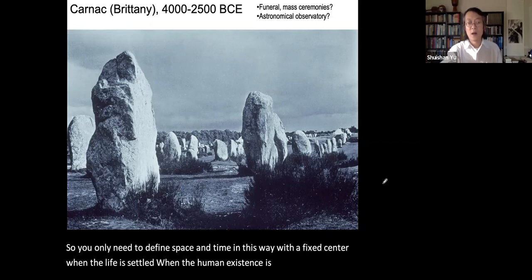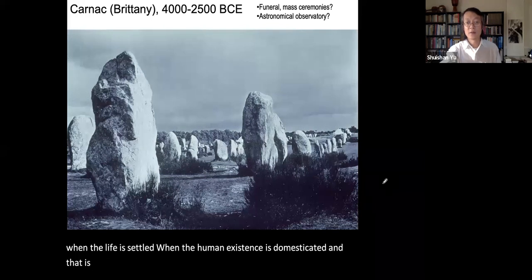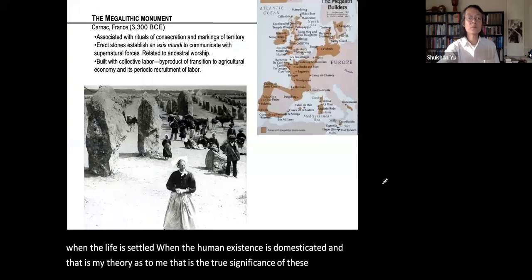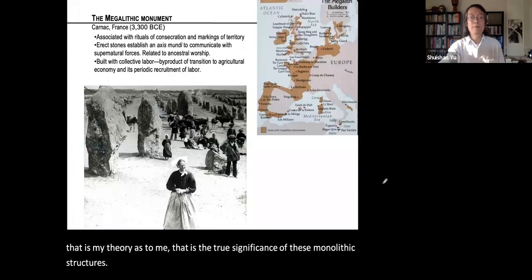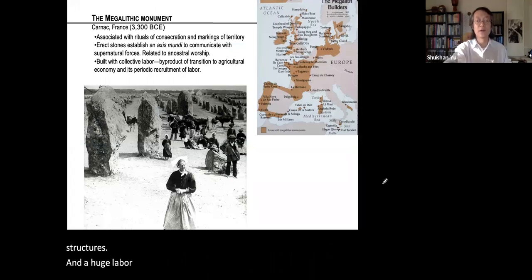And that is my theory. As to me, that is the true significance of these monolithic structures. And huge labor was needed to build them.